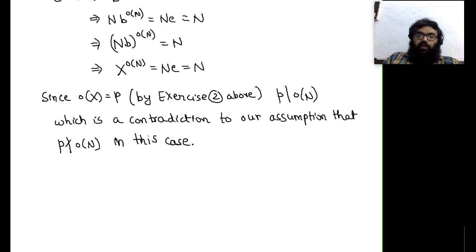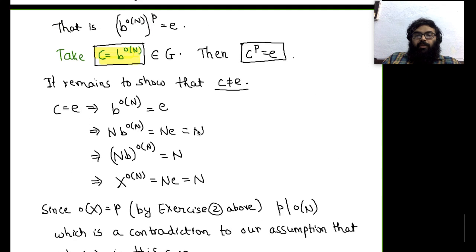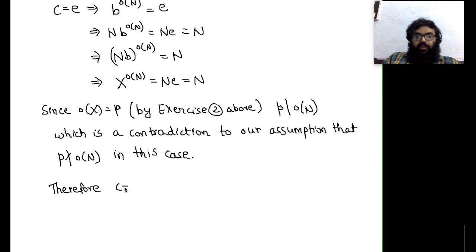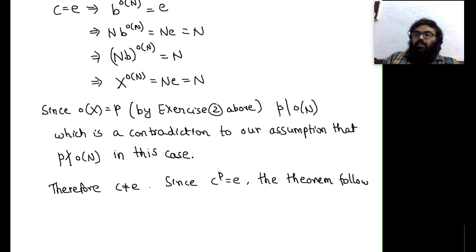So it is a contradiction. Therefore, we had assumed that C equals E. This was our assumption. So C is not equal to E. And since C power p is identity and C is not equal to E, the theorem follows. This is what we wanted to find.